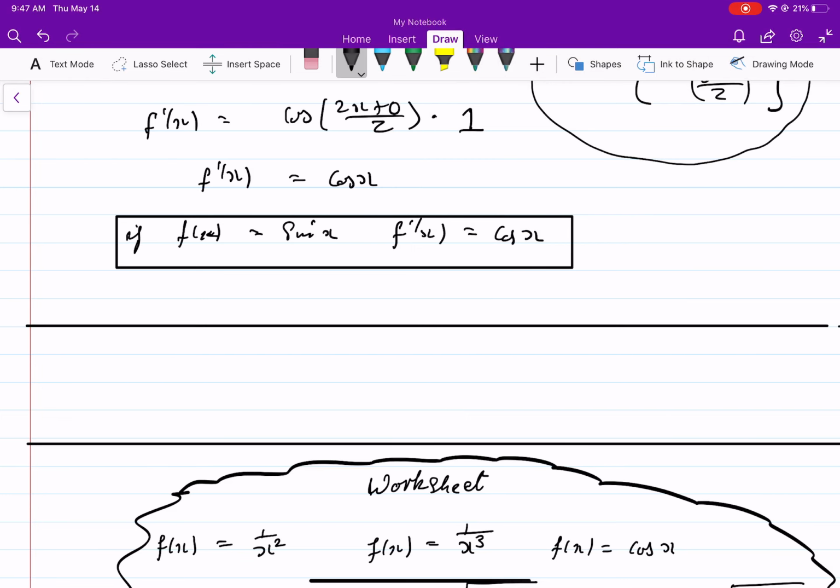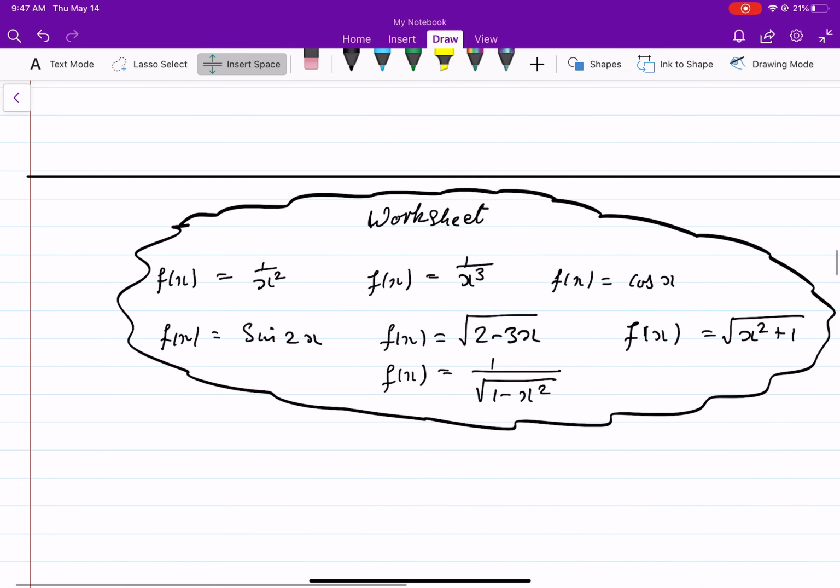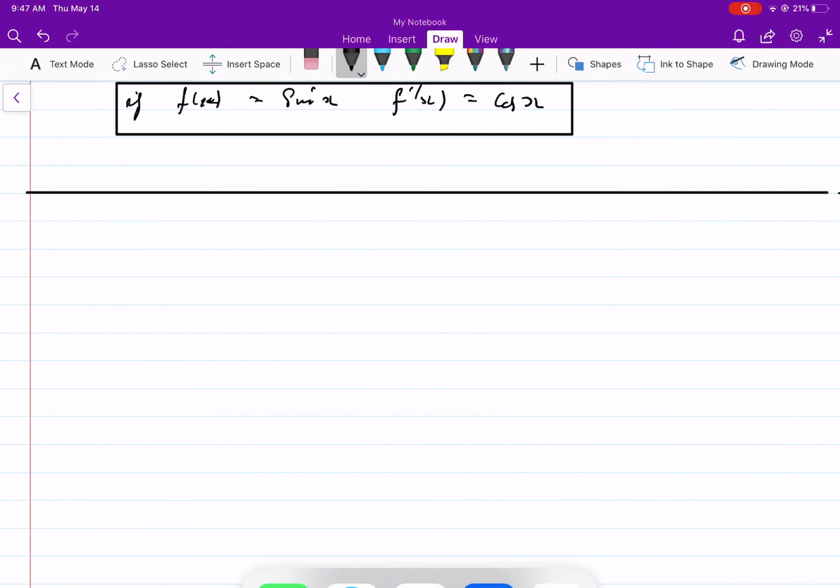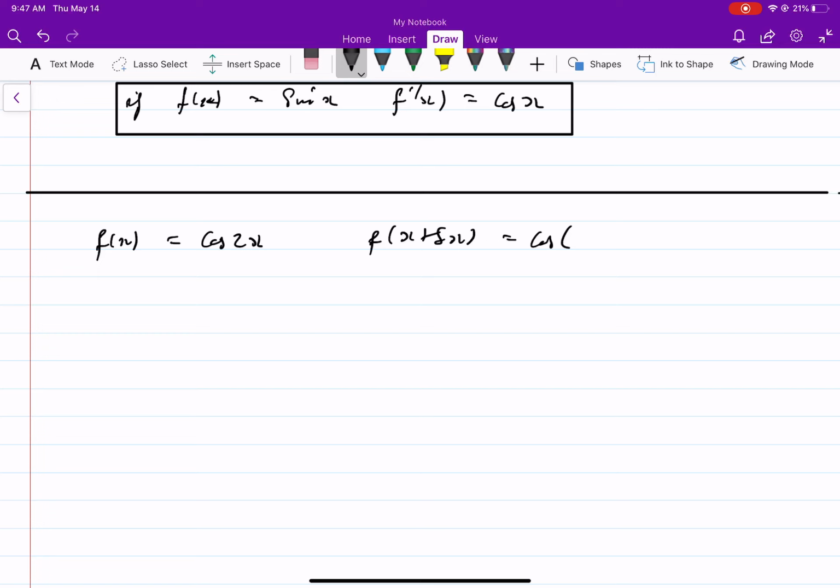And this one here. Let's start again. We know that f of x is cos 2x. f of x plus delta x is cos of 2 into (x plus delta x).